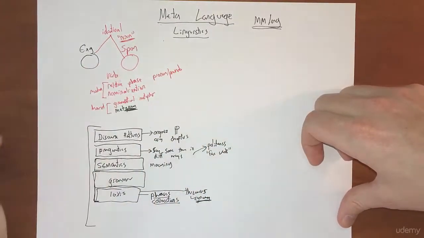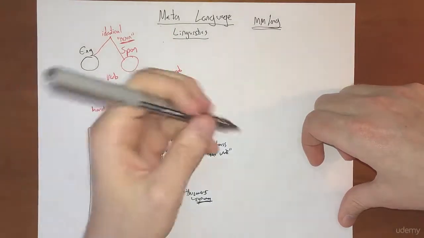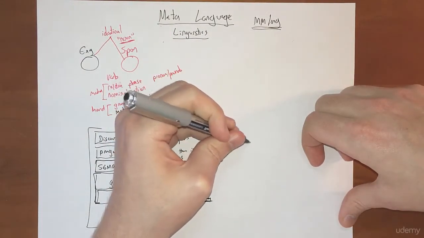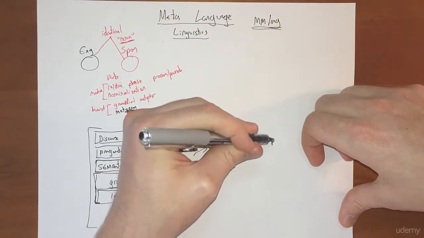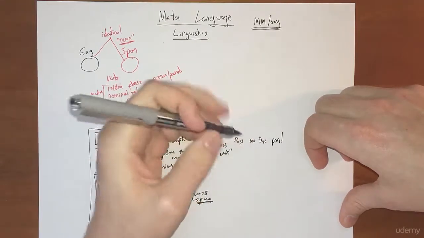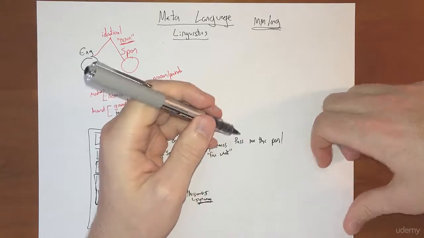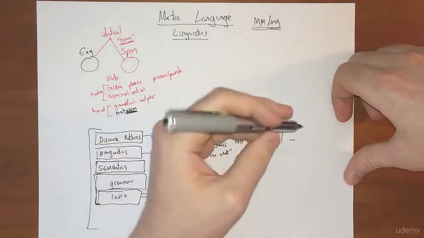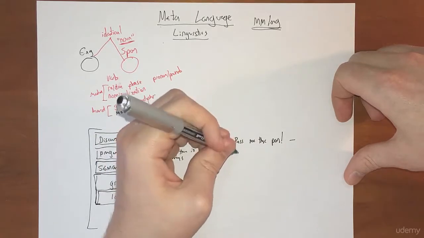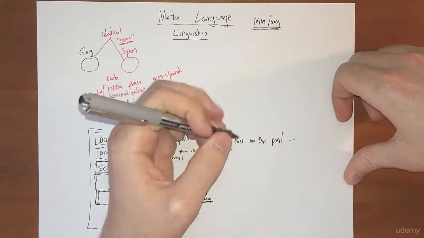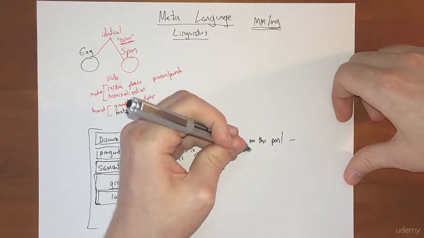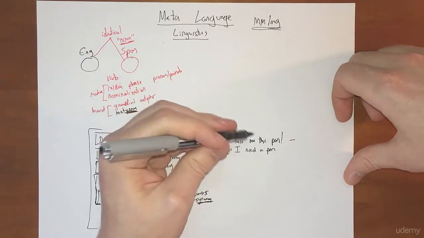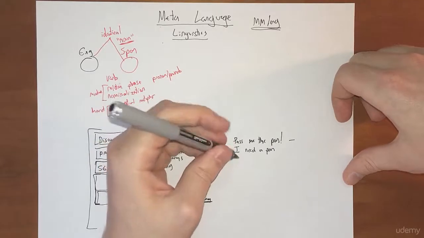So let's say you want somebody to do something. You could say, pass me the pen. Okay, that's a command. A linguistic term, we'll do that afterwards. Pass me the pen. A statement would be, I need a pen. So you're sort of implying to the other person, pass me that pen.